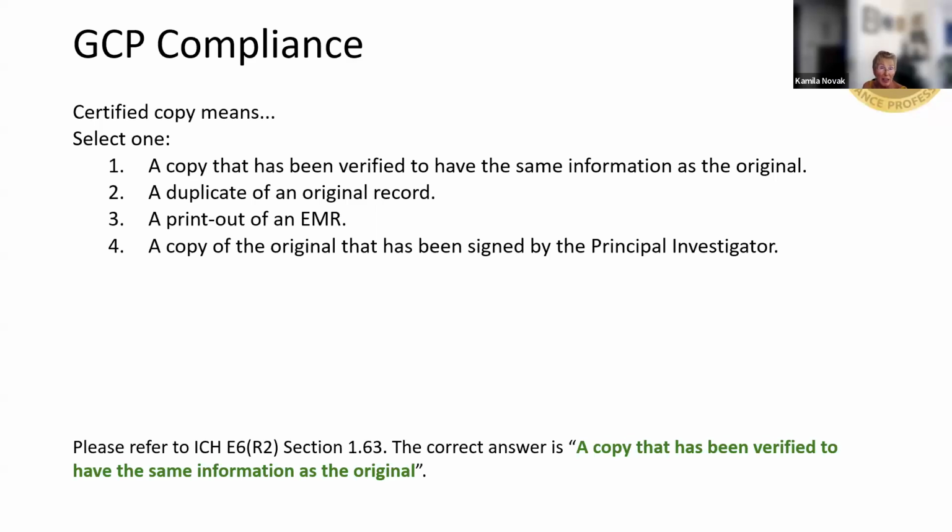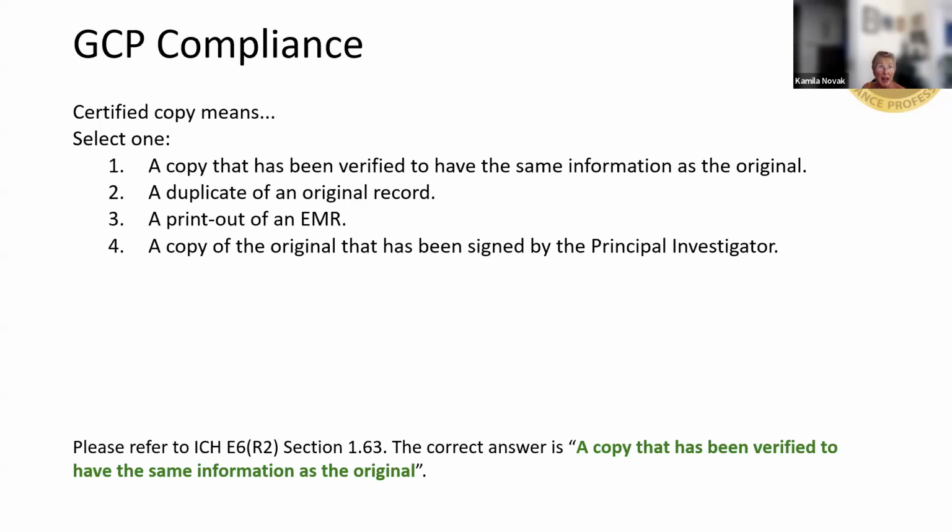The format can be either electronic or could be printed out on paper. But this or that way, I would expect that somebody declares that I have verified it and the information is complete, and here is my signature and date or timestamp. And then I would be pretty much happy to accept it.